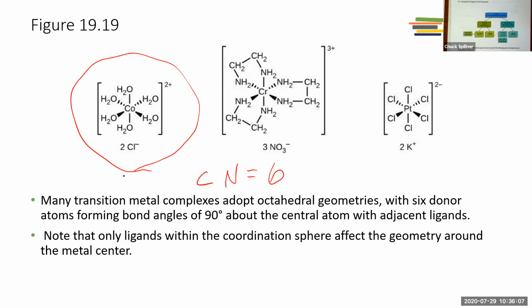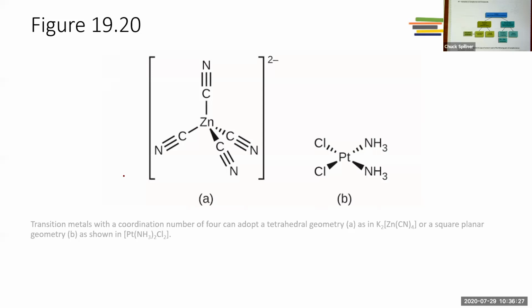If they're not in solution, you'd have a crystalline structure. There are lots of different crystalline structures, but we're not going to talk about the crystalline structure of coordination compounds. This lecture is not about that. So here's a coordination number 4. There are 2 examples of the structure you get: the tetrahedral on the left and the square planar on the right.